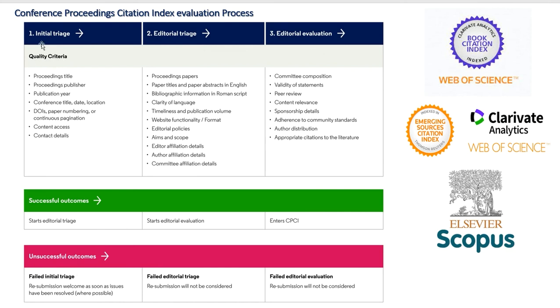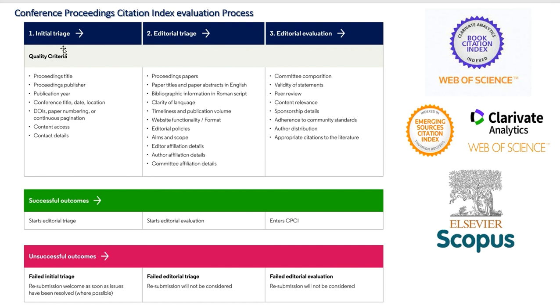If you are sending your article, the initial stage covers proceeding title, proceeding publisher, publishing year, conference title, date, location, DOI number, paper number or continuous pagination, and content access and details. These are verified through the indexing evaluation process. It checks whether it is a good platform or not, whether it is a conference proceeding or not.